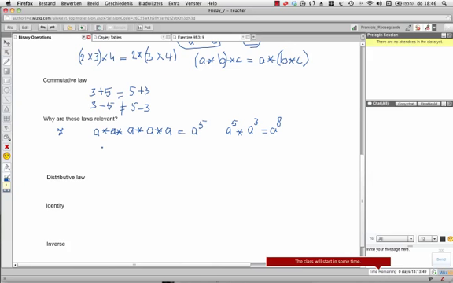Now, in case both laws apply, associative and commutative law, then even this law we know already from the powers applies: if I have (A star B) squared, what I in fact have is A star B star A star B, and since it is associative, I can leave the brackets.